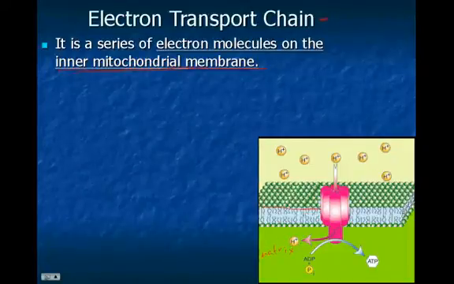So again, remember the matrix was, if I could draw this up here, here would be your mitochondria. Here's that inner mitochondrial membrane, and then here's the matrix inside here.